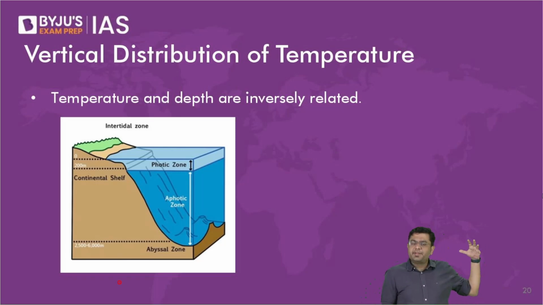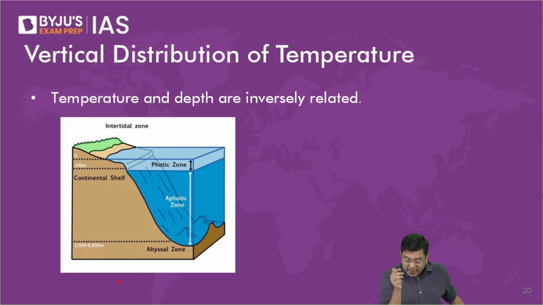Now, after this, we come to the vertical distribution of temperature. That is, how temperature varies as you move deeper from the surface. We have already seen that temperature is determined by the amount of solar insolation, which is the main driving factor.